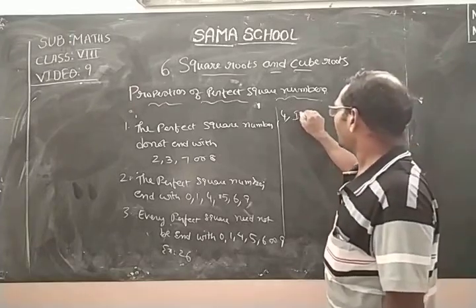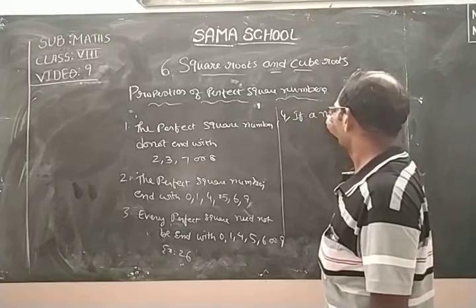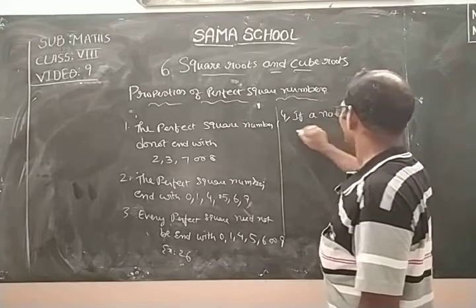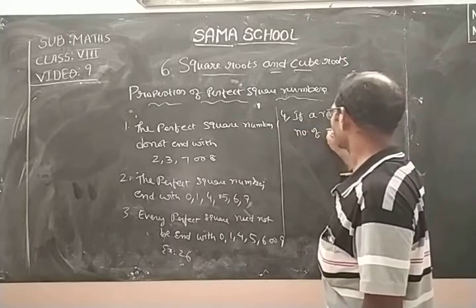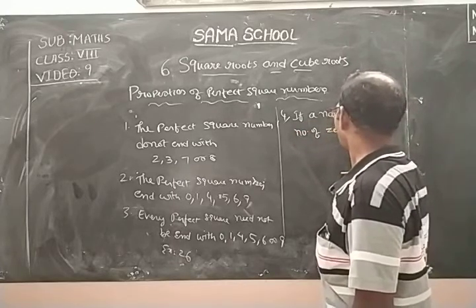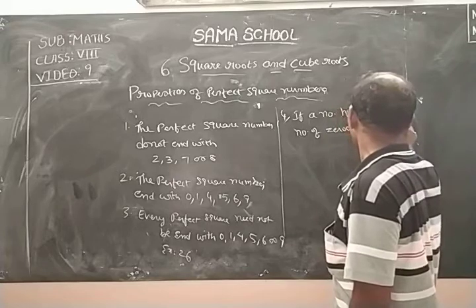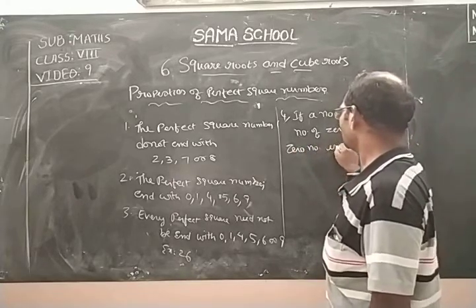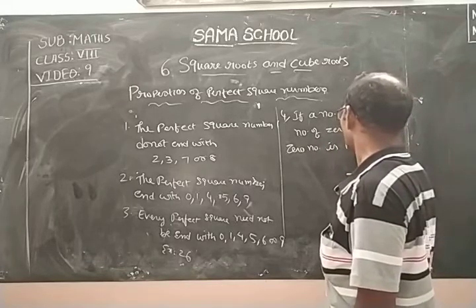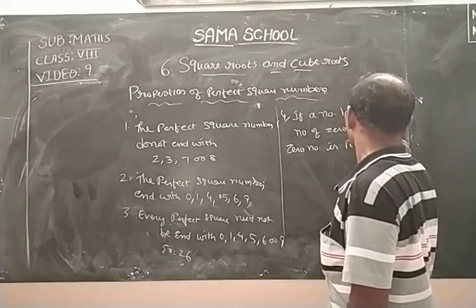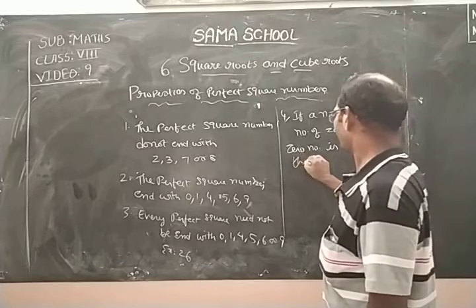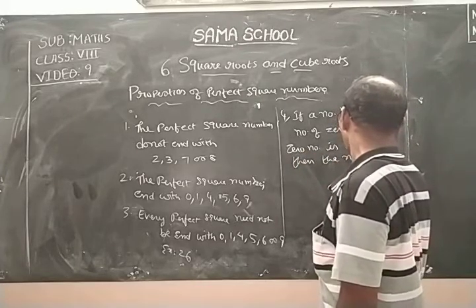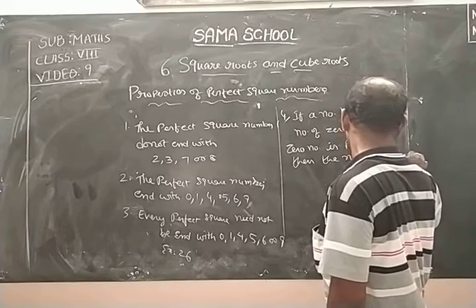If a number has an even number of zeros and the non-zero number is a perfect square, then the number is a perfect square.